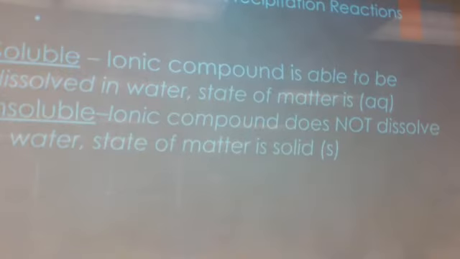And the state of matter for something that is soluble, something that can be dissolved, is aqueous, AQ. Insoluble means not soluble. So this is something that cannot be dissolved and it will form a solid. Okay, so these would be your precipitates or the solids that form in the reaction.